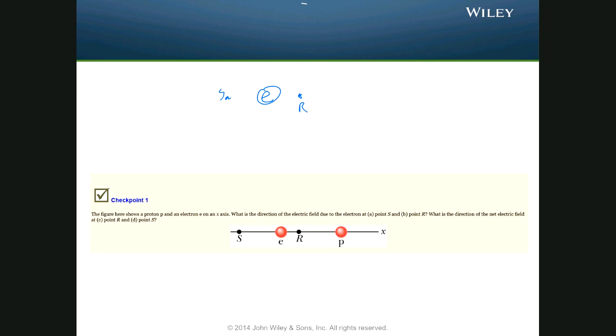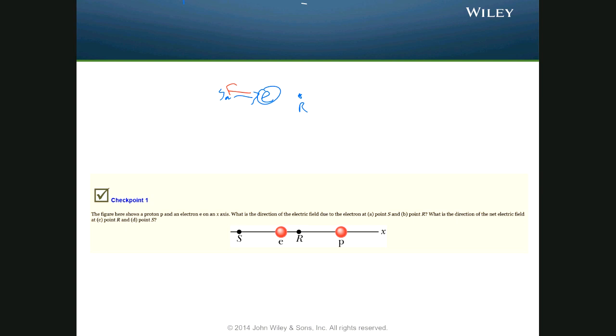But now we get to sort of the challenging part. Do you remember, do field lines go into positive charges or away from positive charges? Or, I'm sorry, let me rephrase that. Do field lines go into negative charges or away from negative charges? Is the field line going to go in like this? Is it going to be the blue line, or is it going to be the red line that I'm going to draw here? Which one of those is correct? Away, good.